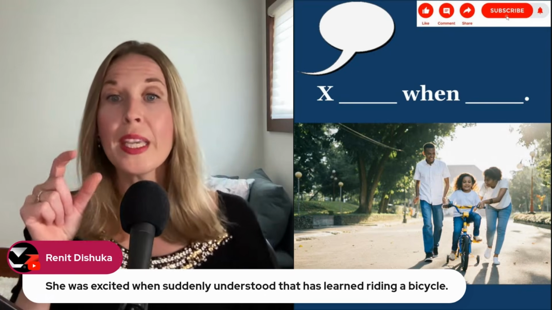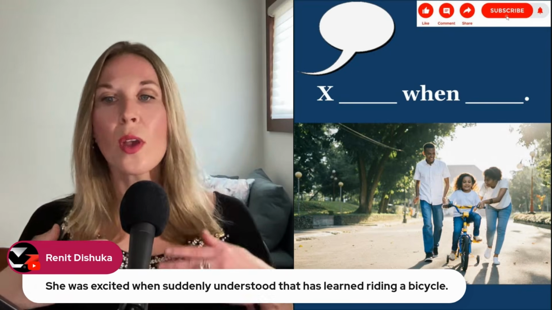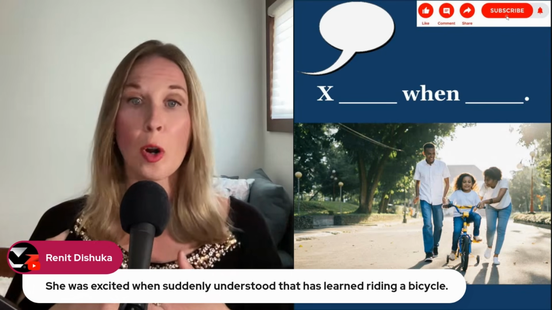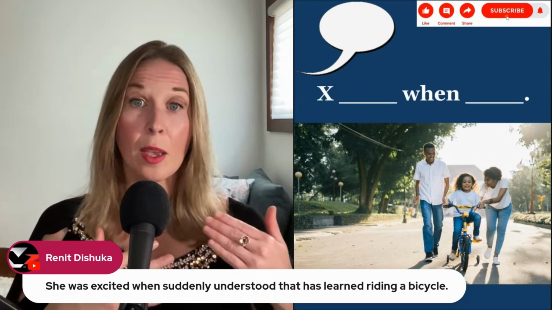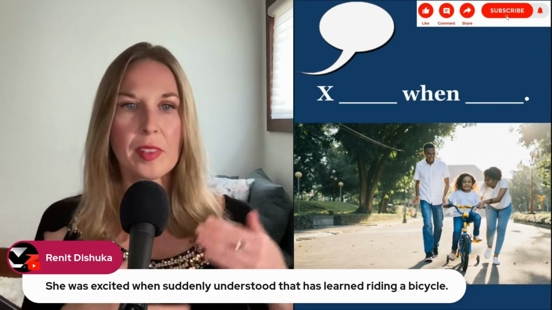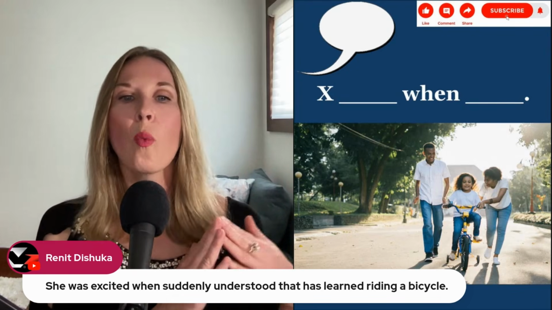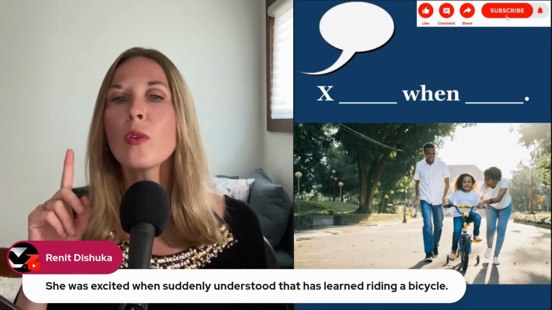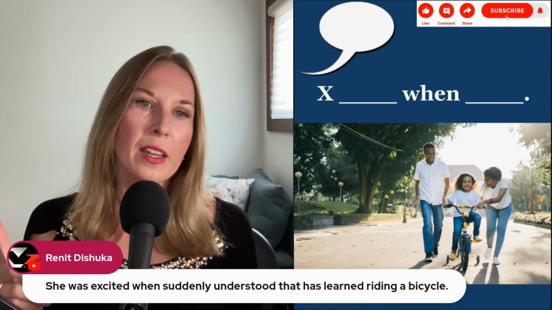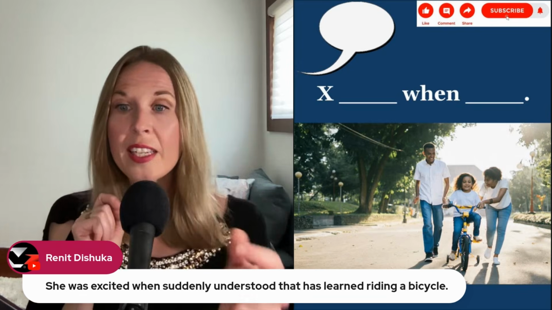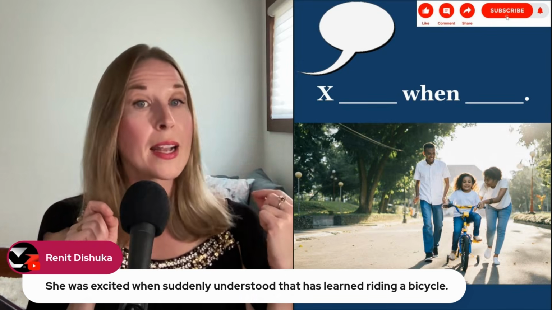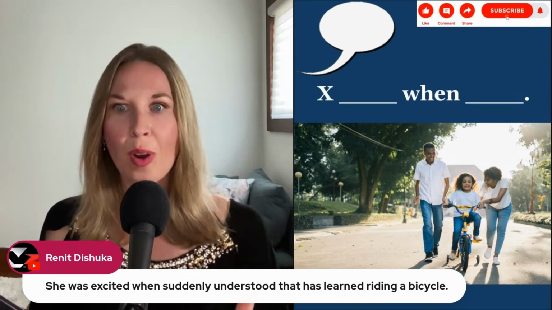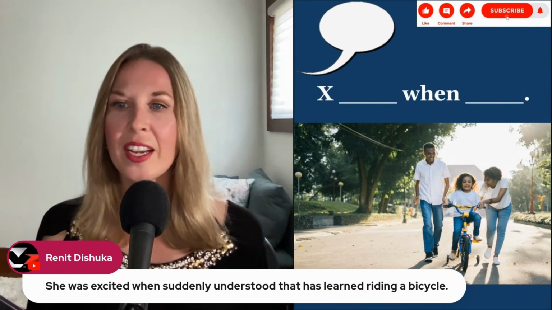So to be excited, this is a great example because we would put this as a state verb, and I wouldn't put this as a continuous action. She was excited when she suddenly understood how to ride a bike. So, understand is your verb in the past simple. When she suddenly understood how to ride a bike. Very nice example.